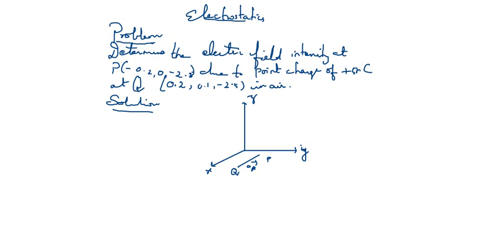Q is one point and P is another point, with coordinates along x, y, z. At P it is minus 0.2, 0 and minus 2.3, and for Q it is 0.2, 0.1 and minus 2.5.